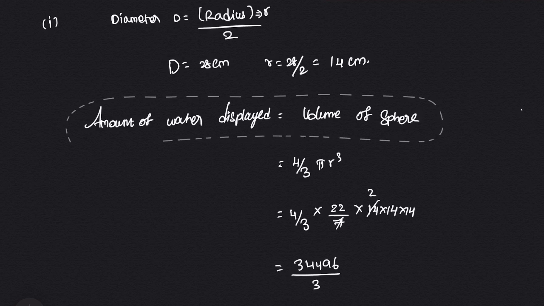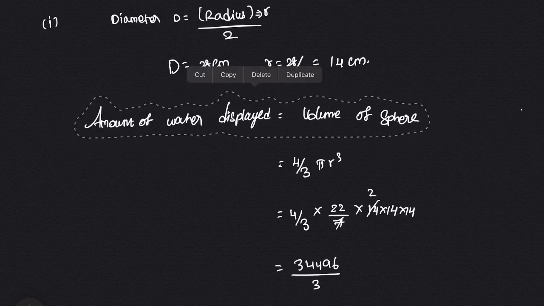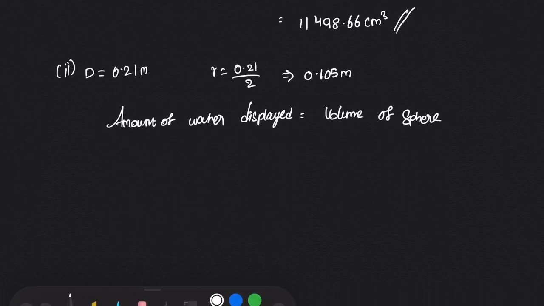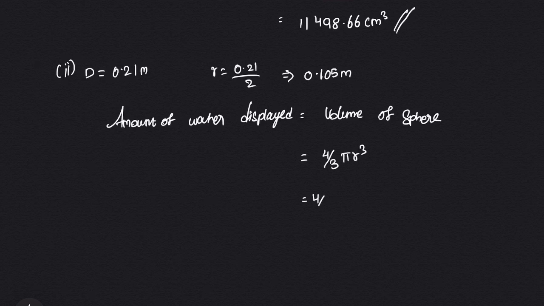The amount of water displaced is equal to the volume of sphere. So just replacing, the formula is 4 by 3 pi r cube. Then 4 by 3, the value is 22 divided by 7, then the r value is 0.105. If you are using a calculator it is very easy, but in manual calculation we need to convert. So 105 divided by 1000 is much better to calculate.